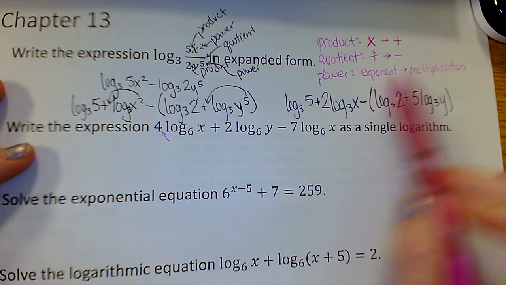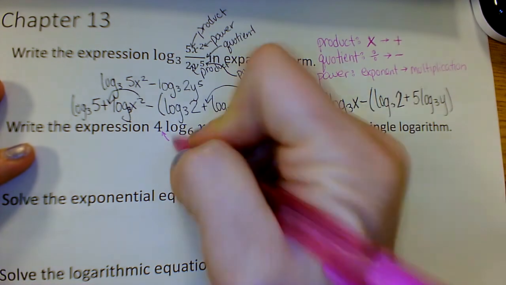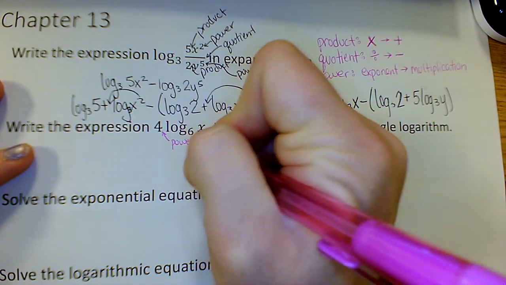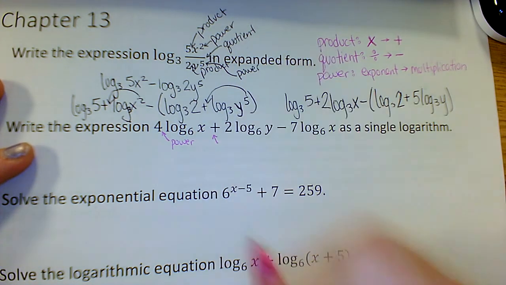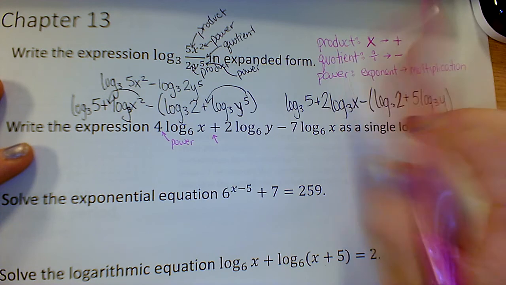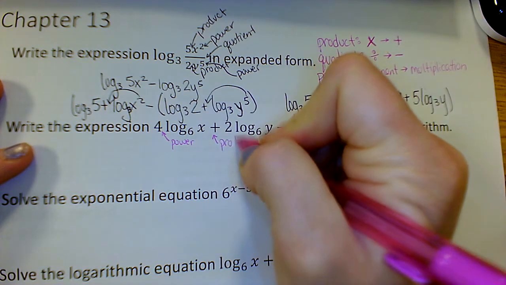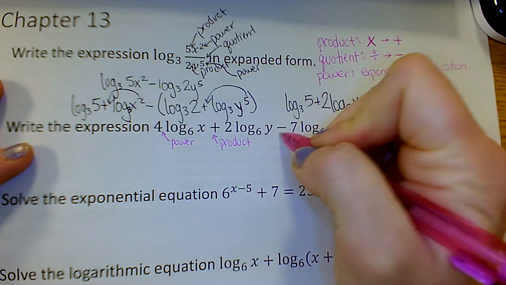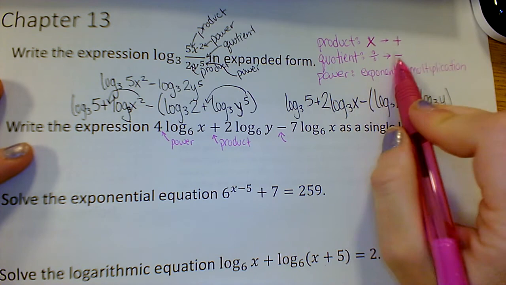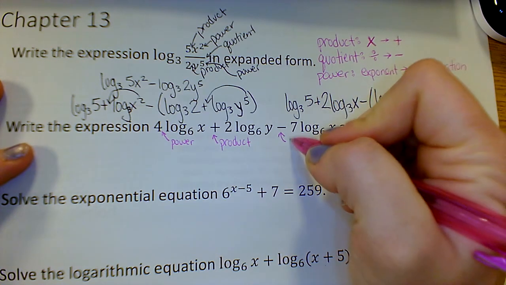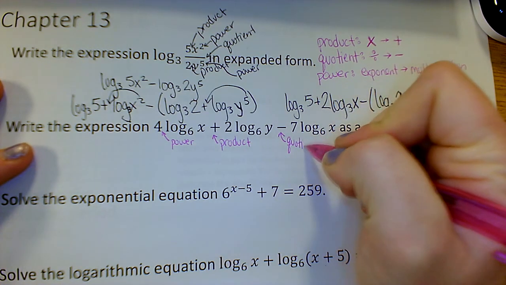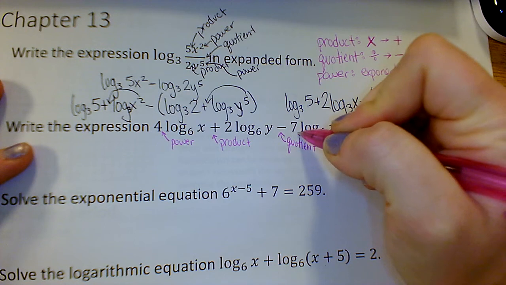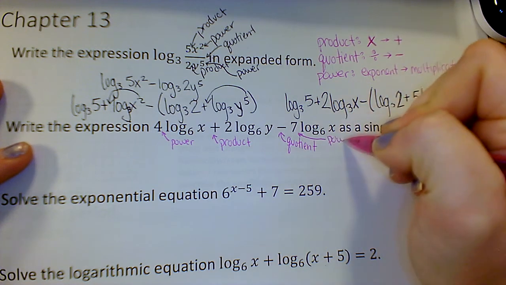It's multiplication now, but at some point it was an exponent. This is addition, so that must be a product rule. This is subtraction, so it must be a quotient rule. And then again, we have another power rule going on here.